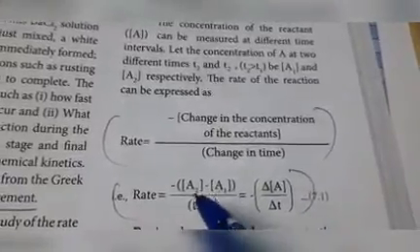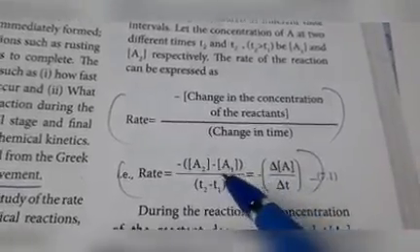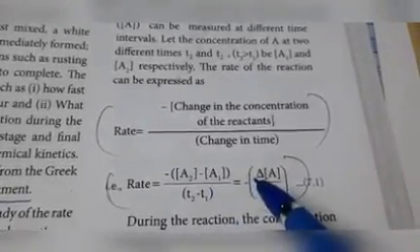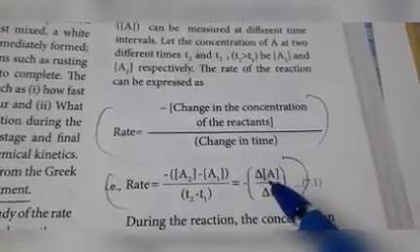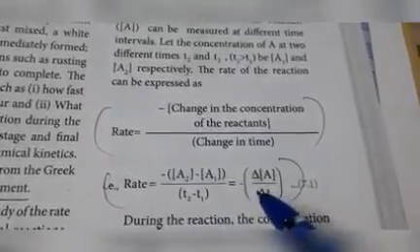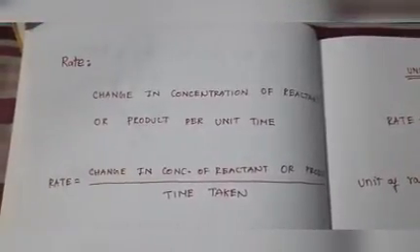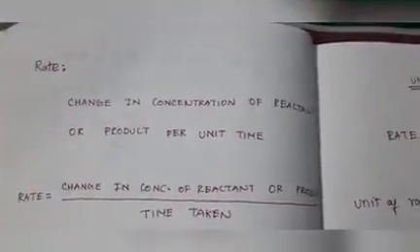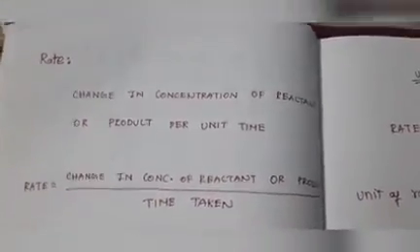This can be written like this: minus, the same minus given here, delta means difference in concentration of A. So del A divided by del T. Del means difference. So rate of reaction means change in concentration of reactant or product per unit time.